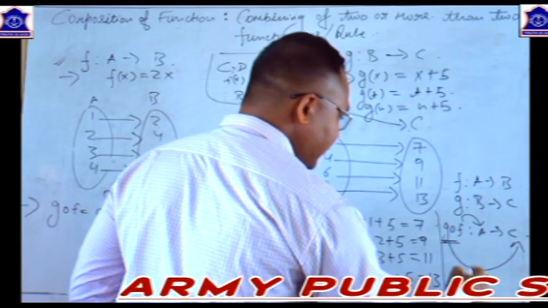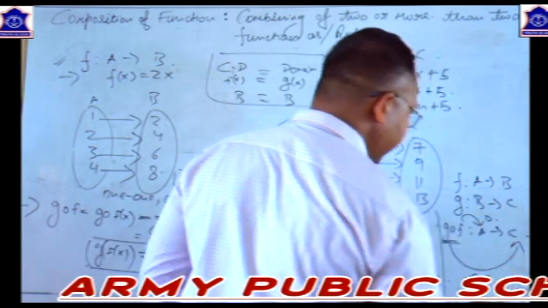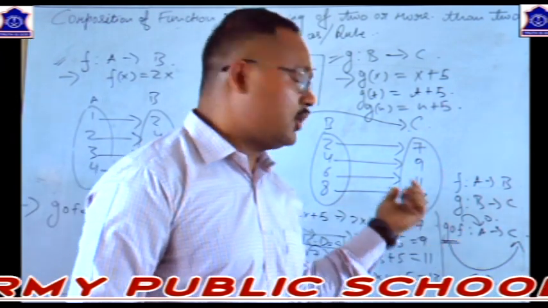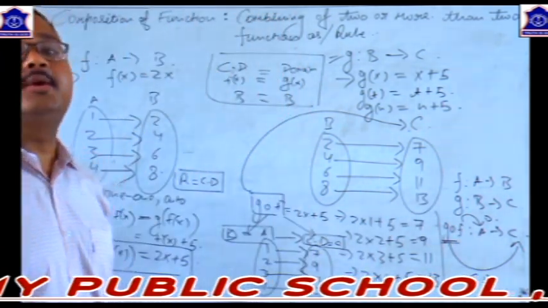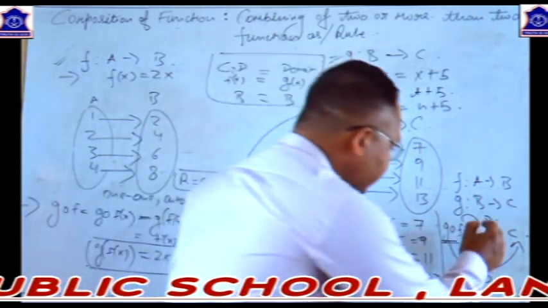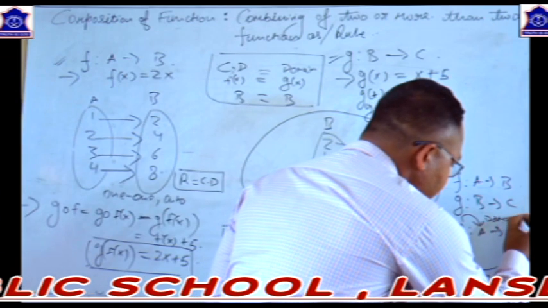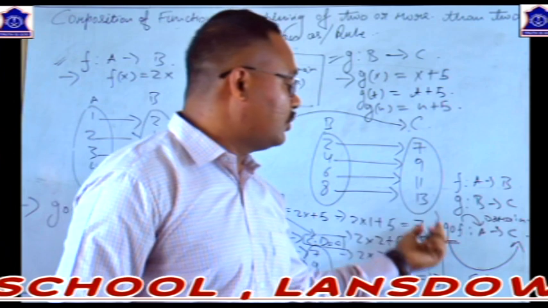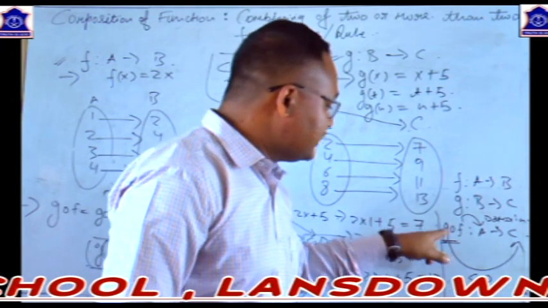Codomain and domain. Once more I am repeating this concept. The domain of the combined or composed function we obtain is the same as the domain of the second function, and the codomain of this combined or composed function is the same as the codomain of the first function.